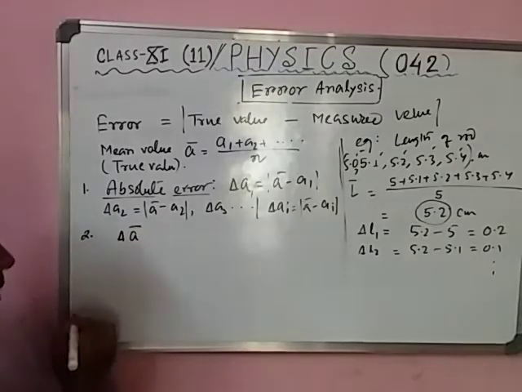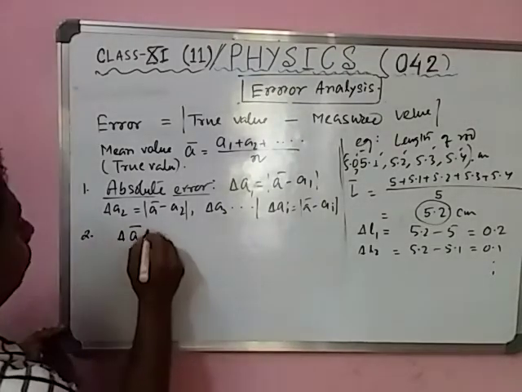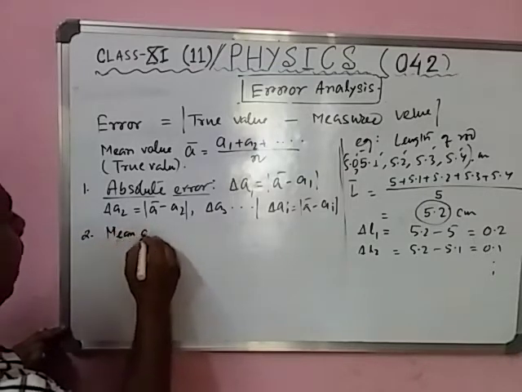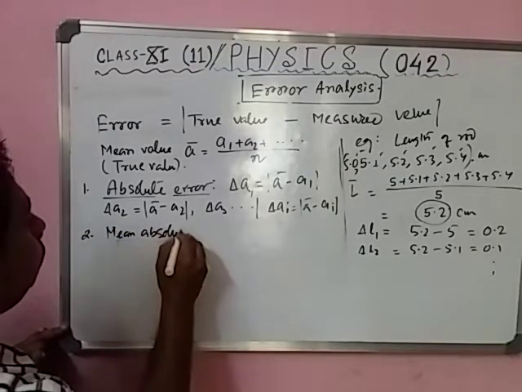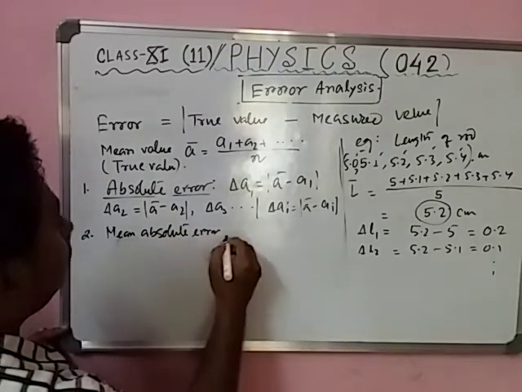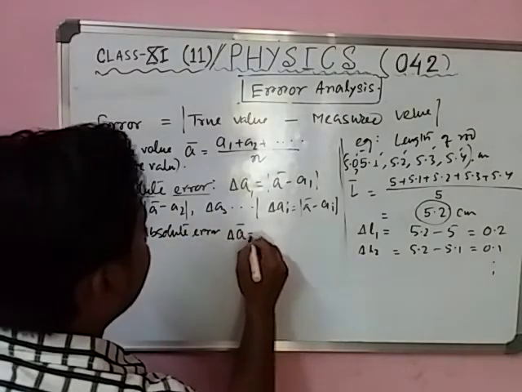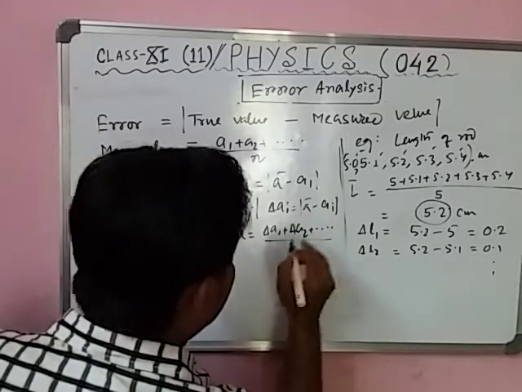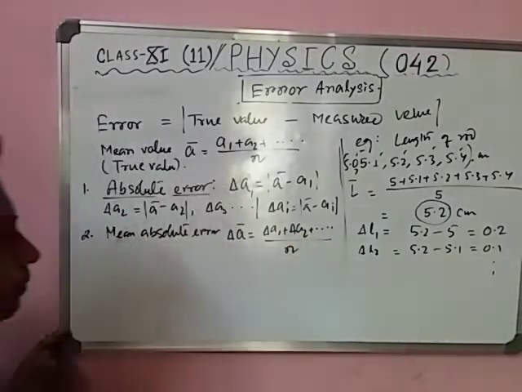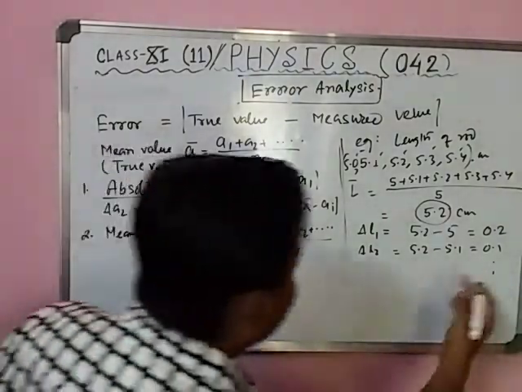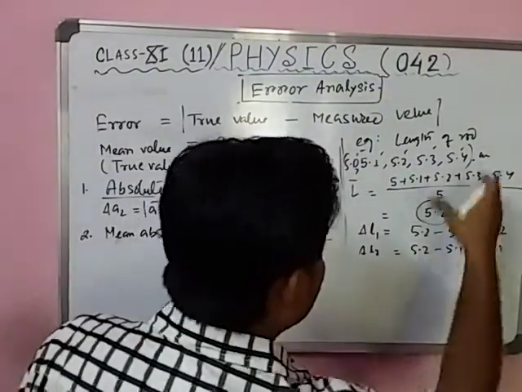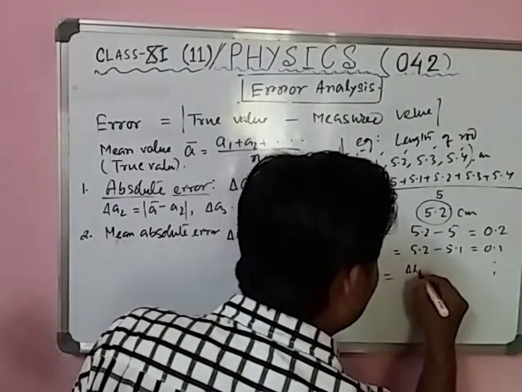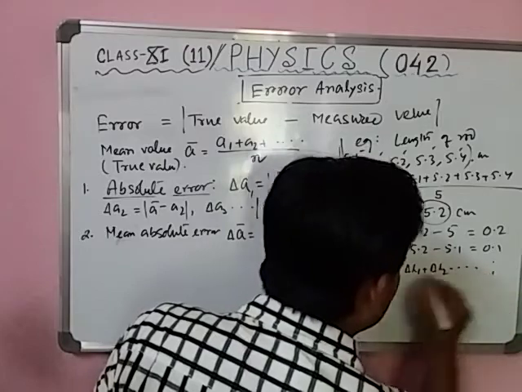So delta A bar means the mean absolute error, which is delta A1 plus delta A2 plus dot dot dot divided by the number of observations n. Okay. So we can use the example. See here we have several errors. So we can write delta L bar equal to delta L1 plus delta L2 and so on, divided by n.